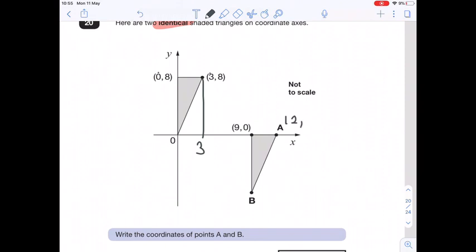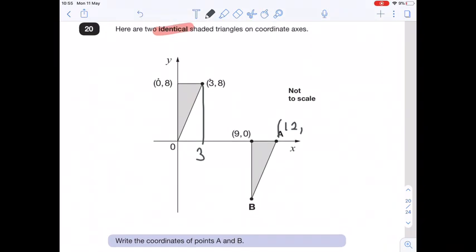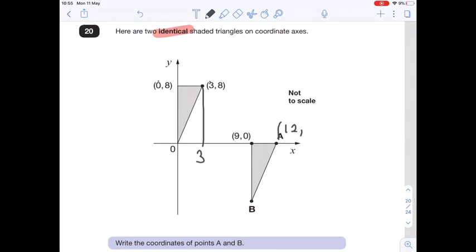So that's going to be 12, and it's going to be 12 something. And if we look at this one, we can see that that's 8 and that's 8. It's a straight line. So we know that on the y-axis, that number there should be 8. And these are identical too. So where that's 8 and that's 8, this is 0, because it's on the 0 line on the y-axis.